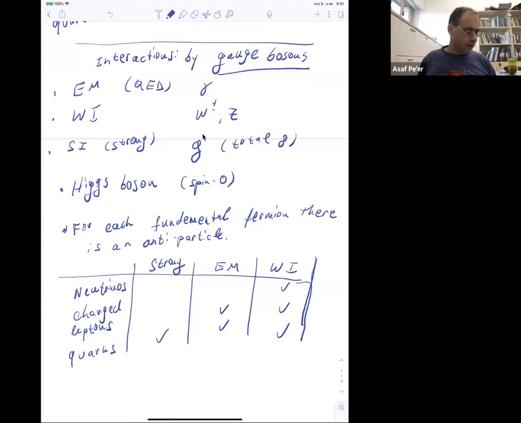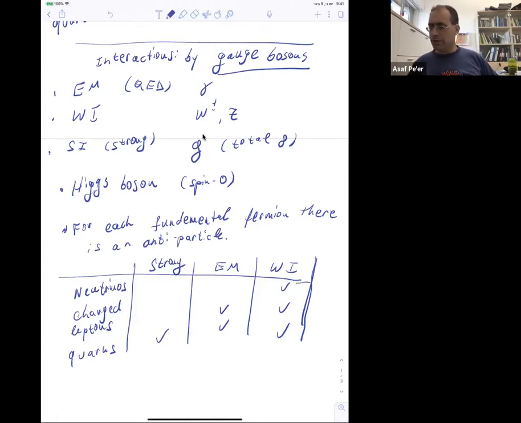Right? So, as we say in electromagnetism, particles that interact electromagnetically, we say that they carry a charge. And particles that do not, we say they carry zero charge. So in the same way, we say that particles that interact via the strong interaction carry the strong charge.